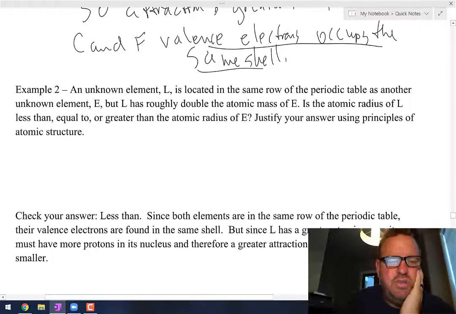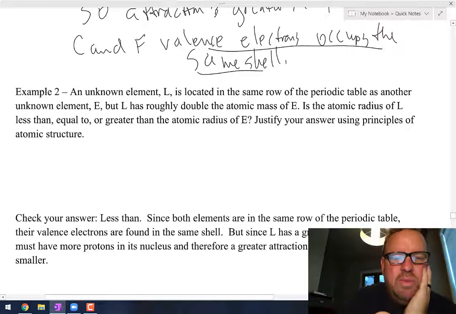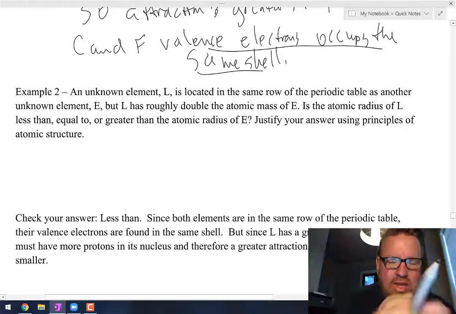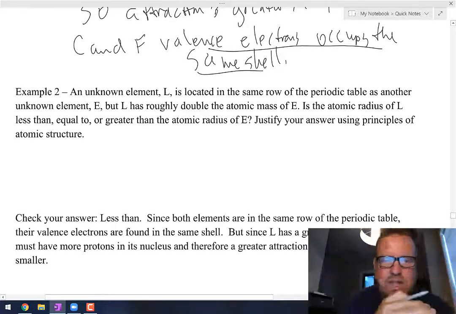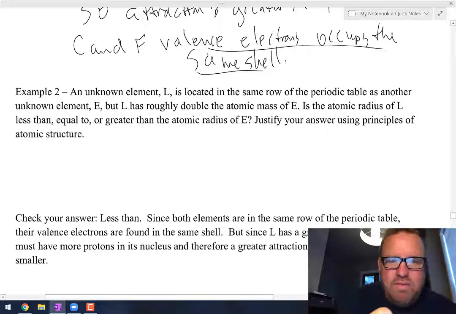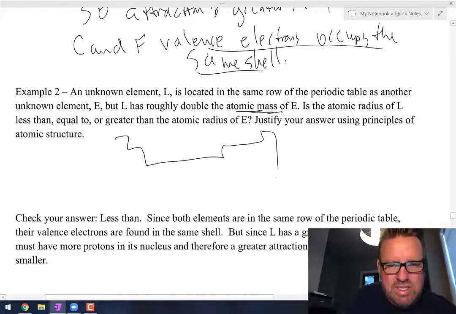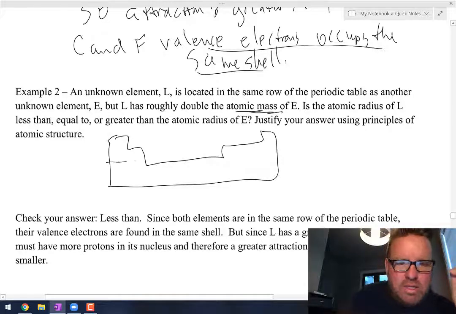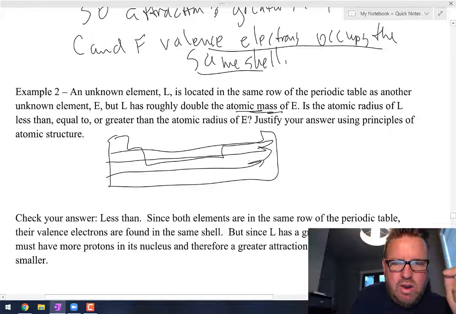Okay, example number 2. An unknown element, L, is located in the same row of the periodic table as another element, E. And again, they do this on purpose just so you're not looking at the periodic table to find the elements. But L has roughly double the atomic mass of E. What does that tell you about the periodic table? If they're in the same row, it means they're both here or here or here.